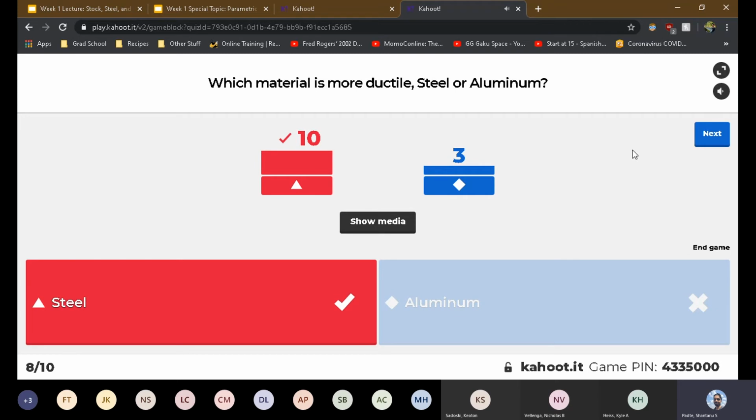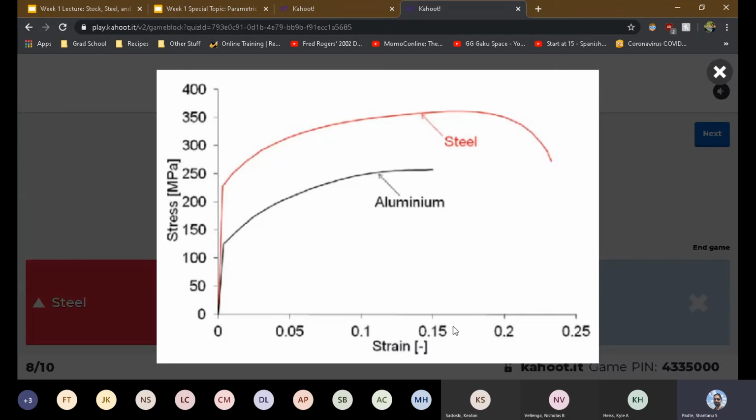Steel. Yeah, steel is more ductile because of how much more strain it can get, how much more you can stretch it, how much more you can deform it. Whereas aluminum does not deform as much. Of course, the energy required to deform steel is higher than aluminum, but you can deform it more, and that's what we're looking for here.